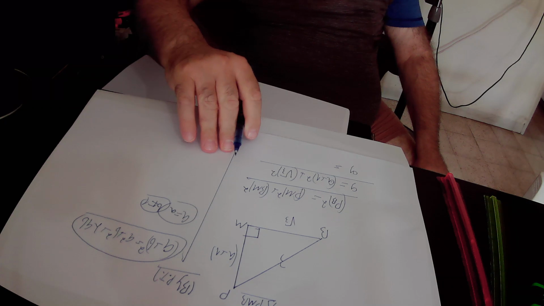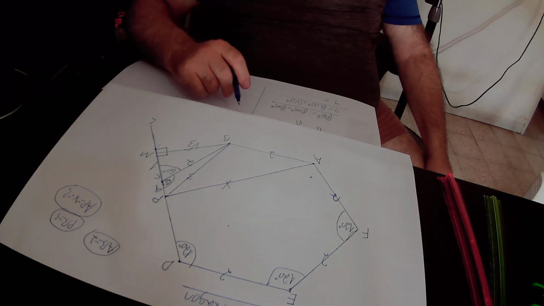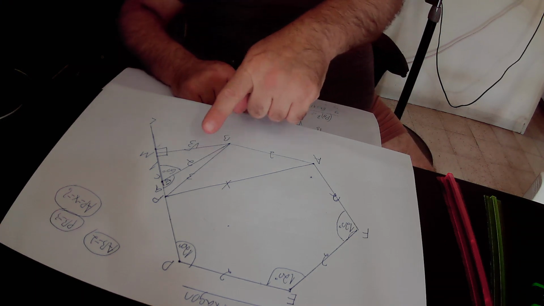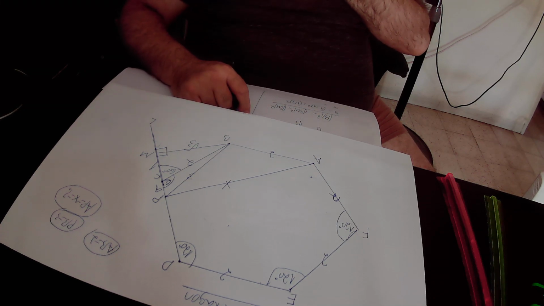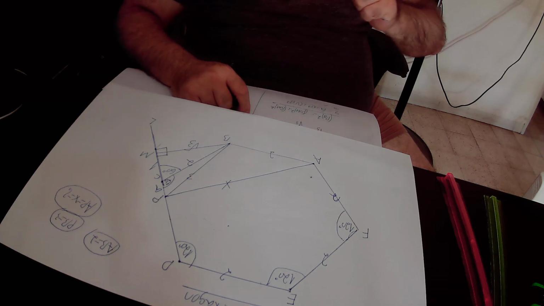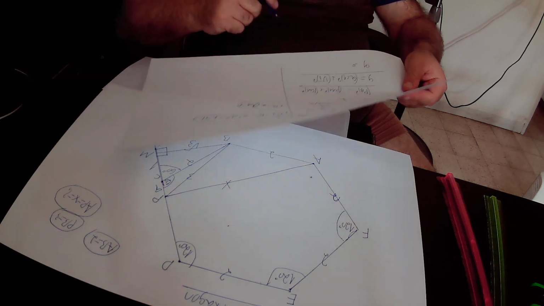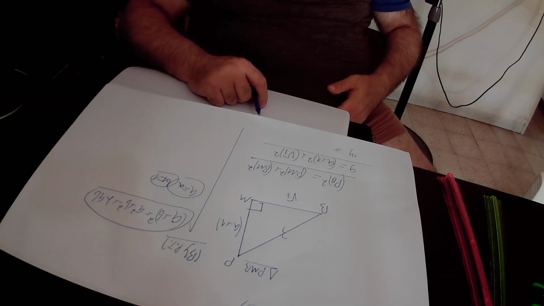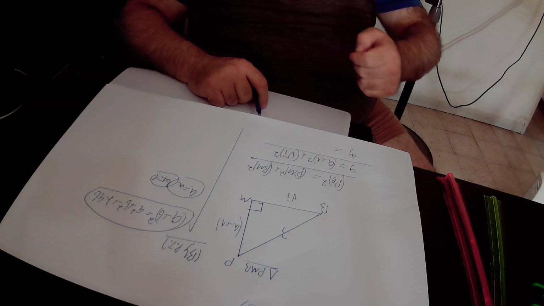I'll check again that I didn't make any mistake here. PC is A, CM is 1, therefore PM is A plus 1, PB is 3, and BM is the square root of 3 units. So in our expression A plus 1 squared, the value of A is A, and the value of B is 1.